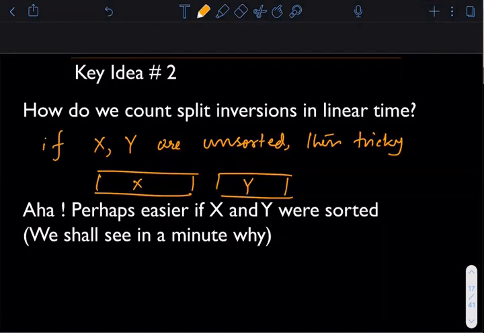What we are hoping is that if the two subarrays x and y are sorted, then the recursive calls give us x and y. Of course, the recursions give me the numbers small x and small y, which are the number of left inversions and the right inversions. But suppose it also gives me back a sorted version of these arrays x and y.